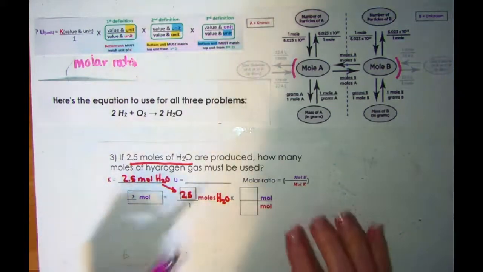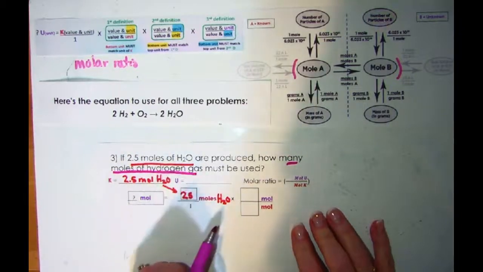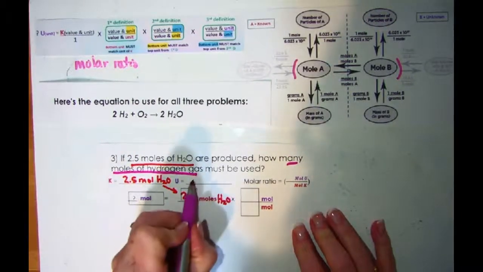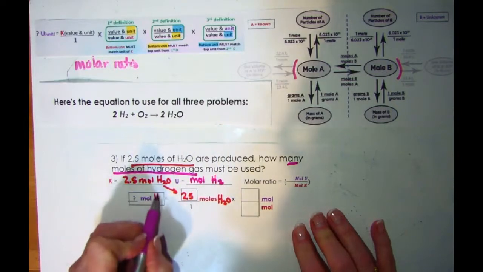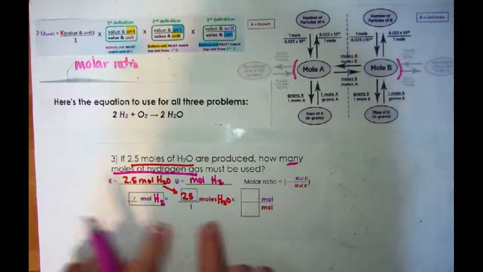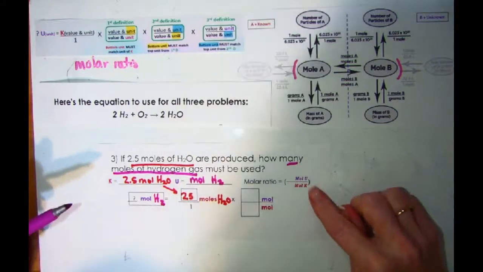My unknown: how many moles of hydrogen gas must be used? So moles of H2. There's my unknown and my known. Now all we have to do is determine the molar ratio.